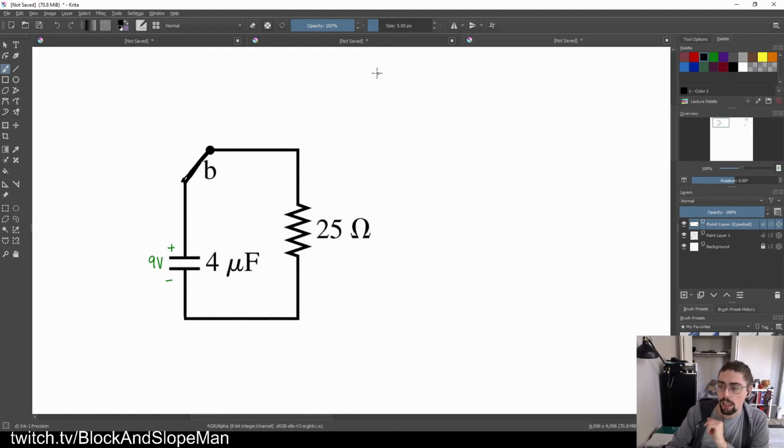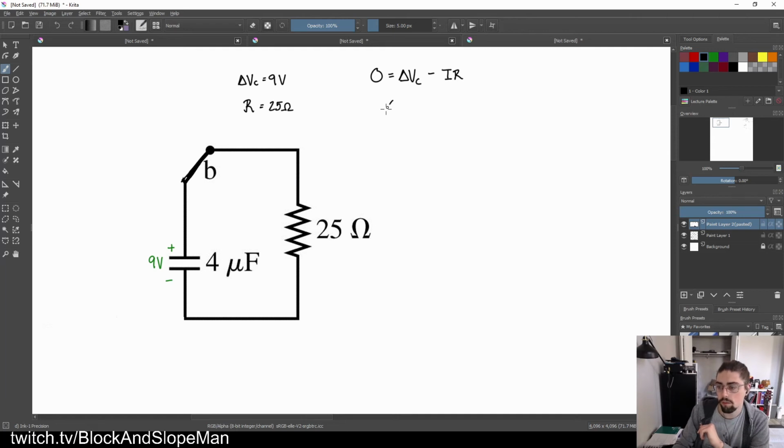So I know at the very beginning, I've got that 0 is equal to ΔV_C, the potential difference on the capacitor, minus IR. ΔV_C is equal to 9 volts. R is equal to 25 ohms.